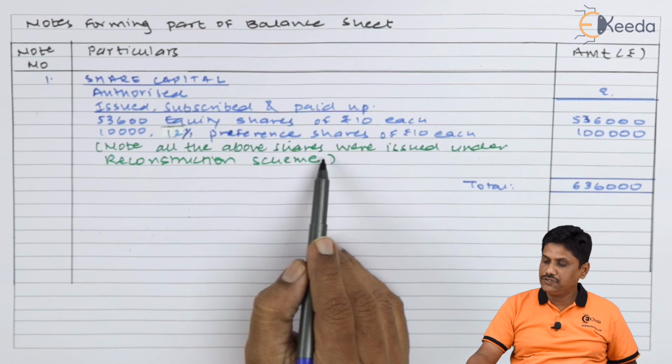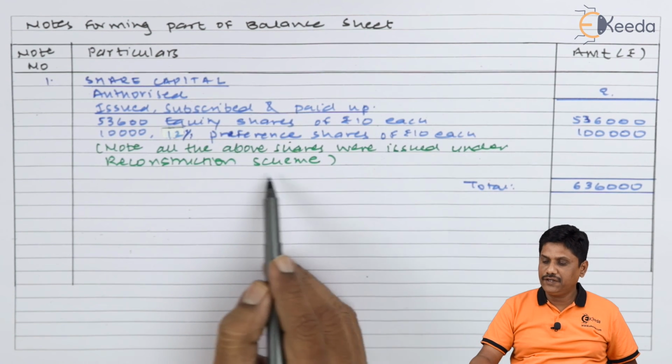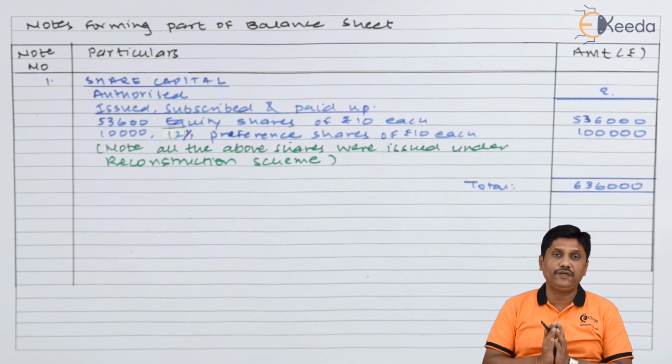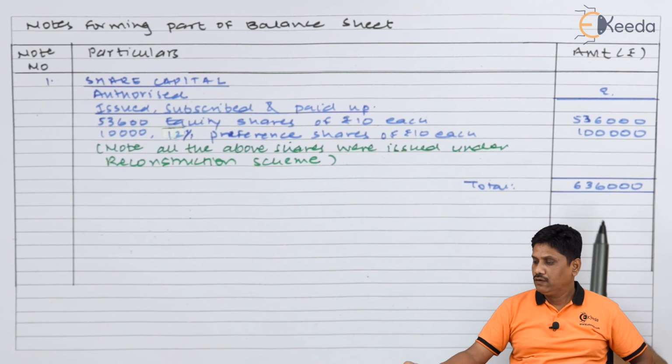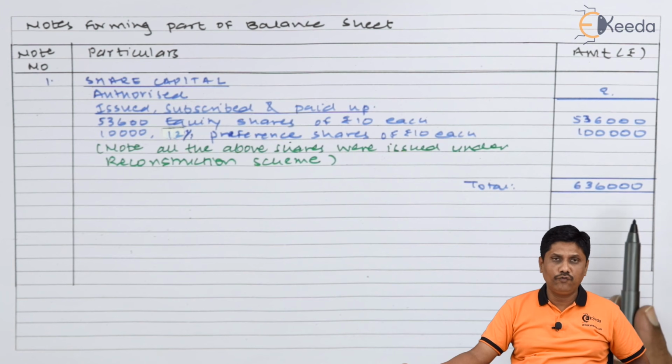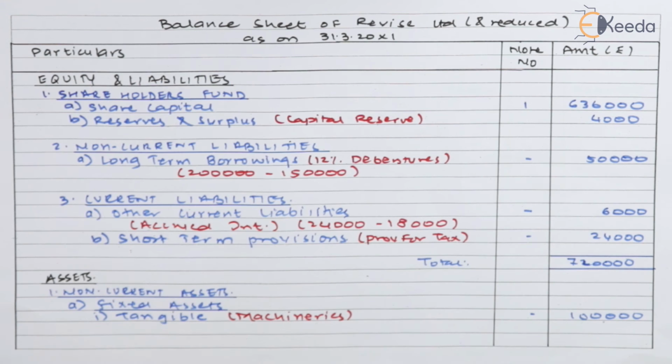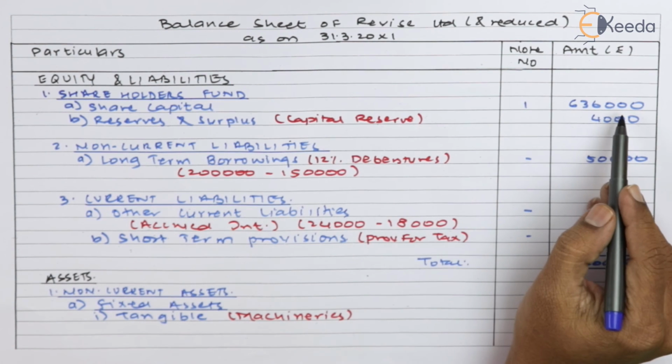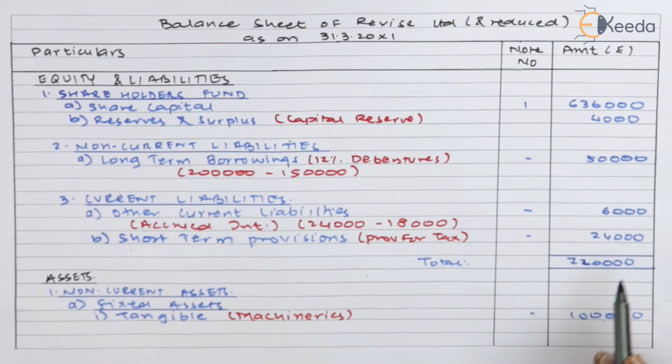Note, all the above shares were issued under reconstruction scheme. This we have just mentioned as a disclosure part. Total is 6,36,000. This will be placed in your balance sheet and hopefully your balance sheet will tally. Friends, you can notice I have written the share capital 6,36,000 and my balance sheet tallies at 7,20,000 on both the sides. Right?